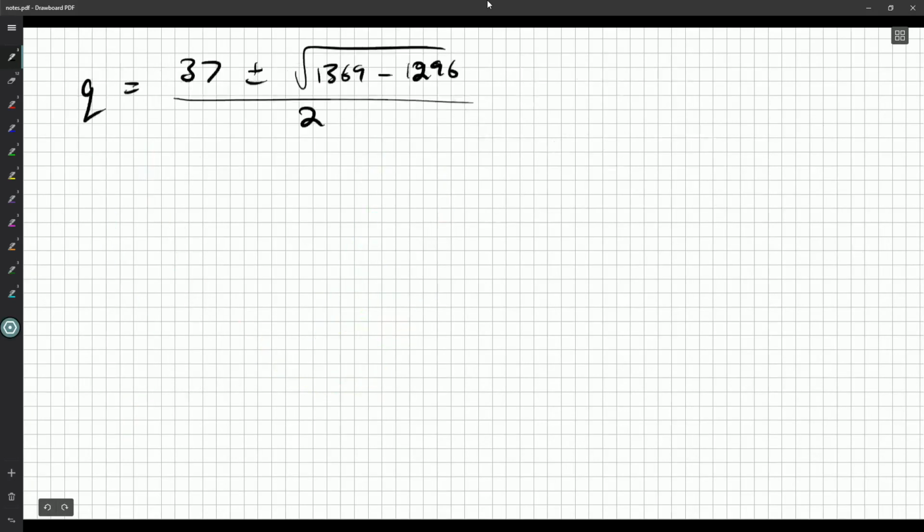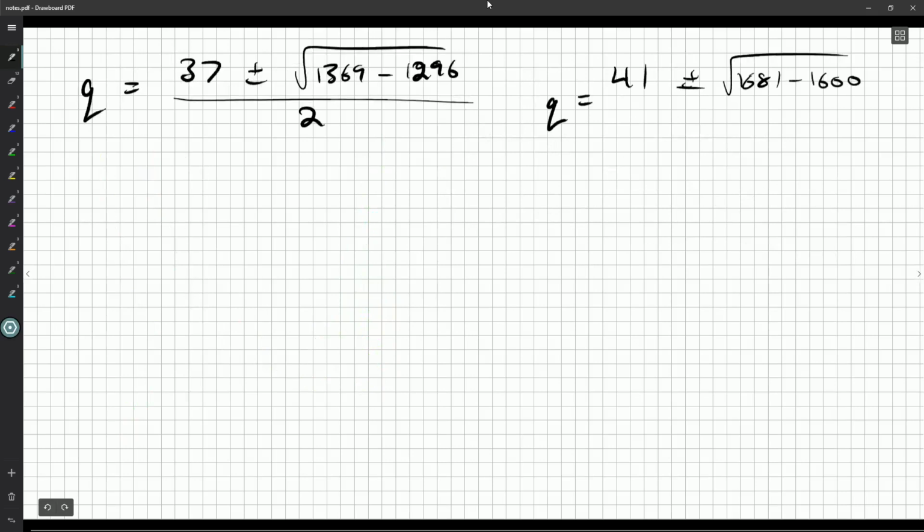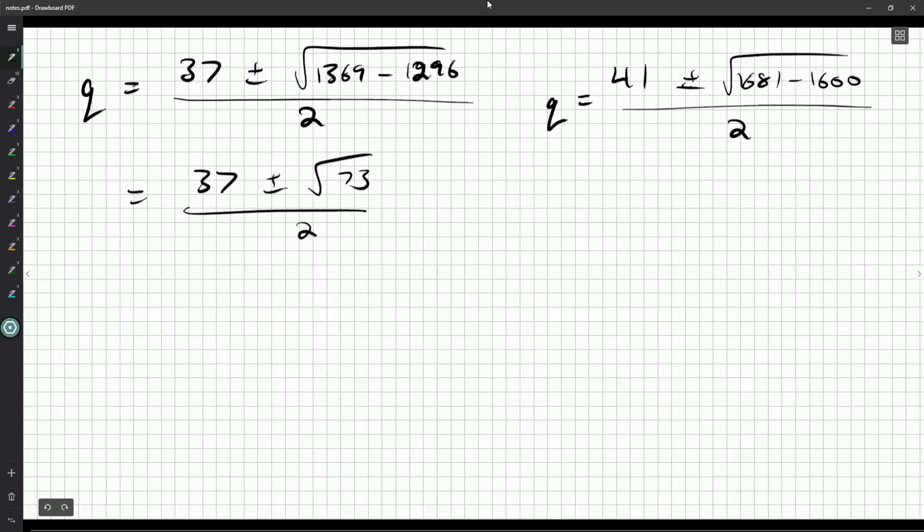Yeah. So those are those two roots, and then the other two roots are going to be 41 plus or minus the square root of 41 squared, which is 1681, minus 4 times 400. Oh, 81. That one will work out nice. Does this one work out nice? 73. No. But I'll get 41 plus or minus 9 over 2.